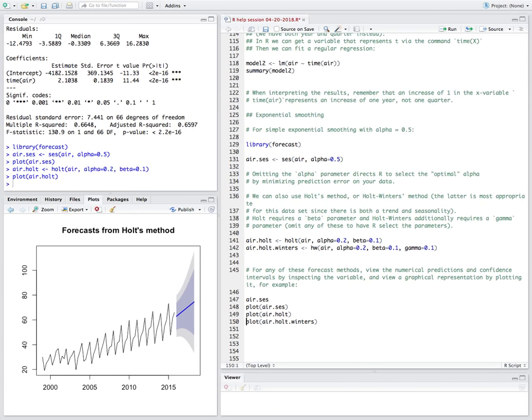But you will observe that the Holt-Winters model takes into account your seasonalities as well. The thing about all these models is that they get increasingly complex.